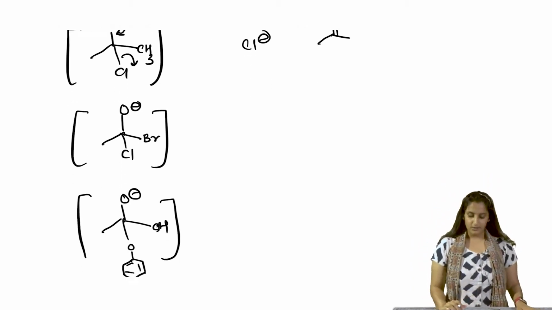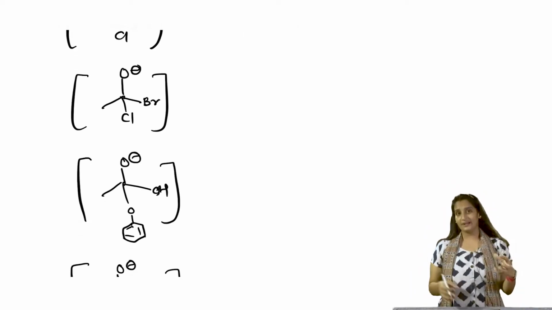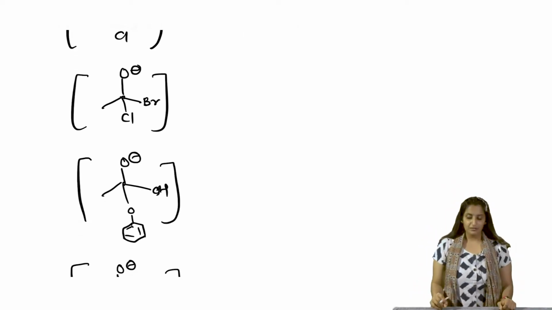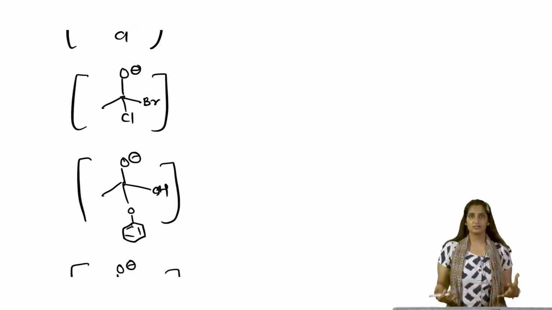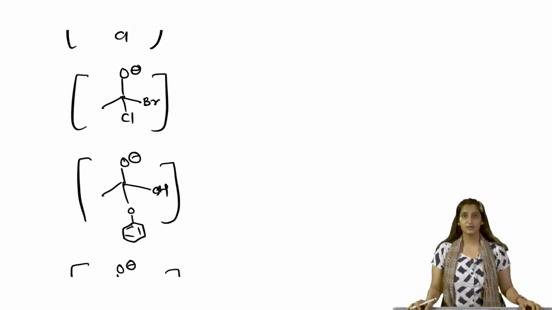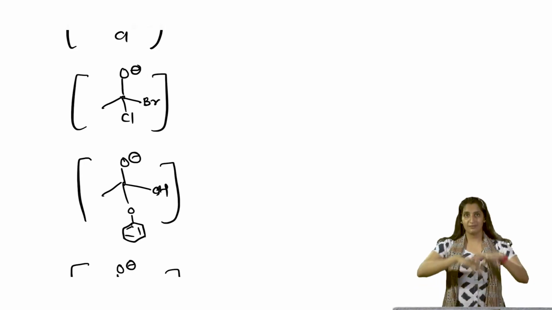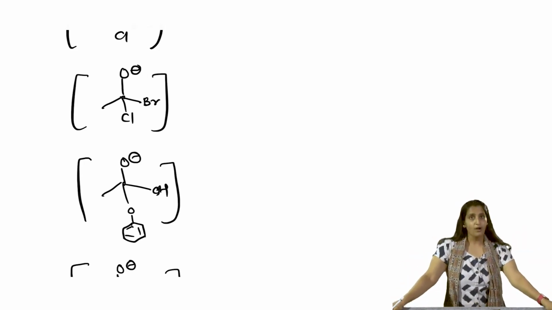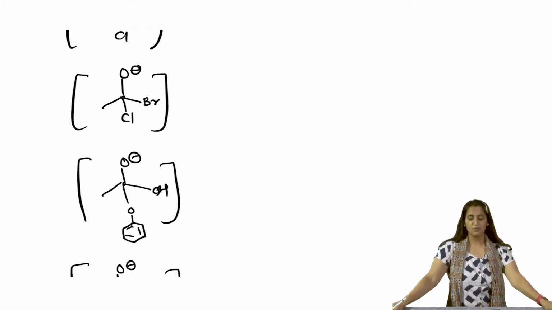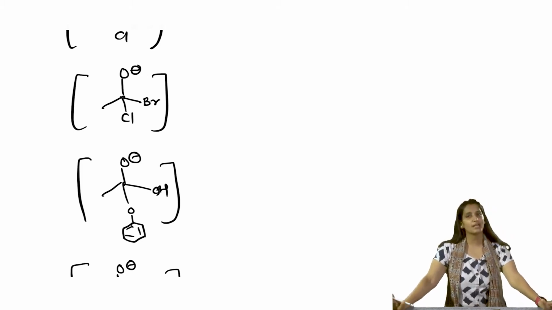Okay. Now, the next one is a little tricky. You have bromine and chlorine as leaving groups. Between bromine and chlorine, bromine is a better leaving group than chlorine, because bromine is going to leave as Br minus. Br minus is more stable than chloride because bromides have a bigger size, they can stabilize the charge. Although under reaction conditions, both of them are going to pretty much behave very similarly.